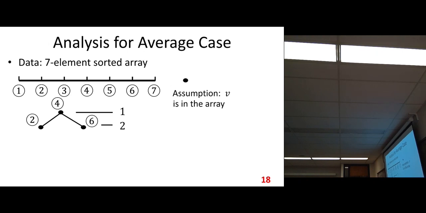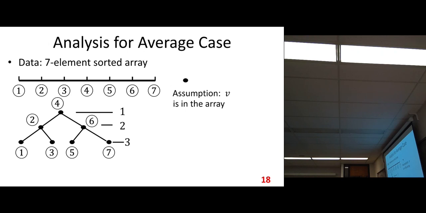For the right subarray, we need to compare V with element number 6. That's why we draw 2 child nodes like this. These 2 elements correspond to 2 comparisons. If V equals either of them, we need 2 comparisons.